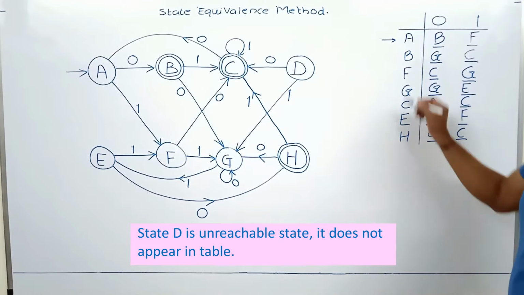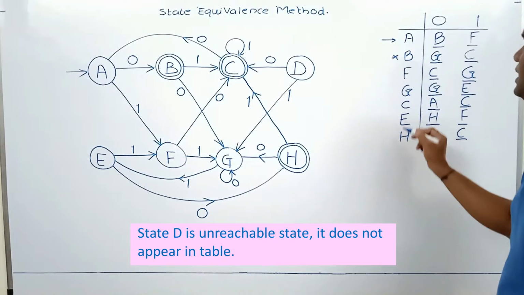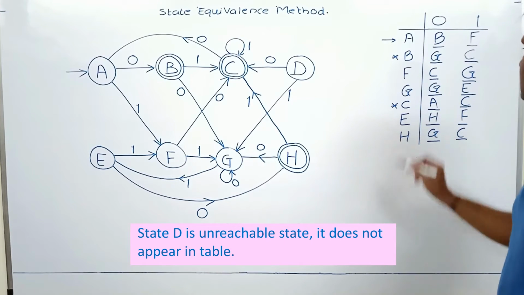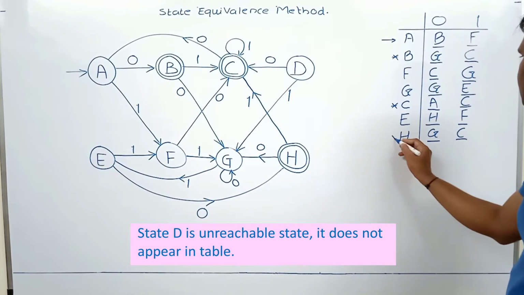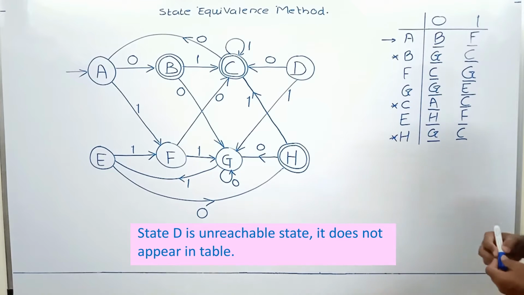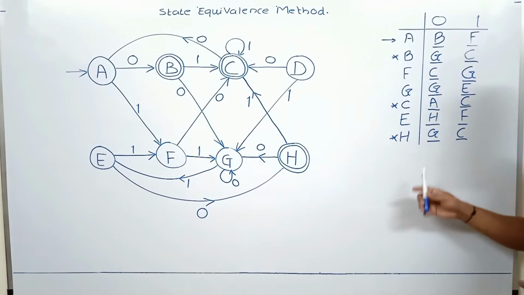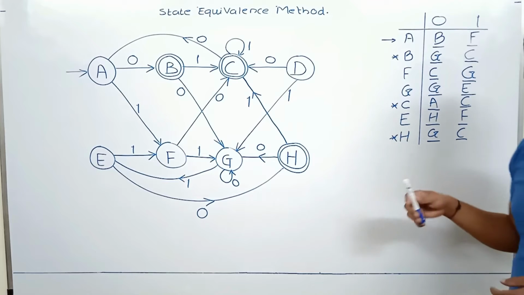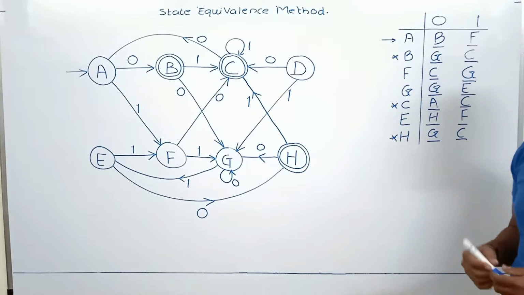Now we have to mark the final states B, C and H. So this is the transition table for reachable states. Now let's calculate the equivalent sets.